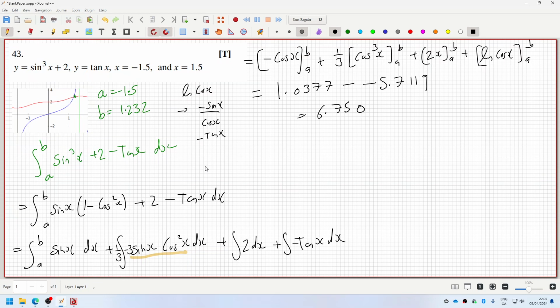So if you went up to 1.5 instead of 1.232, what would you get? That would be less, oh, because it's flipped around.